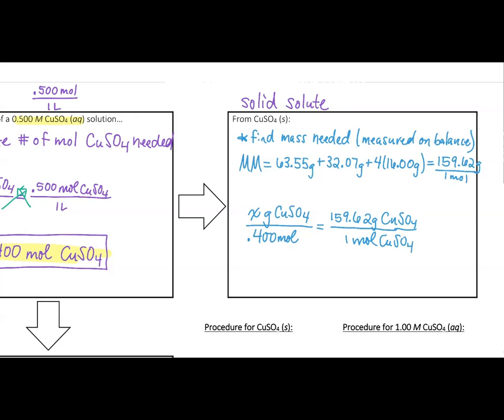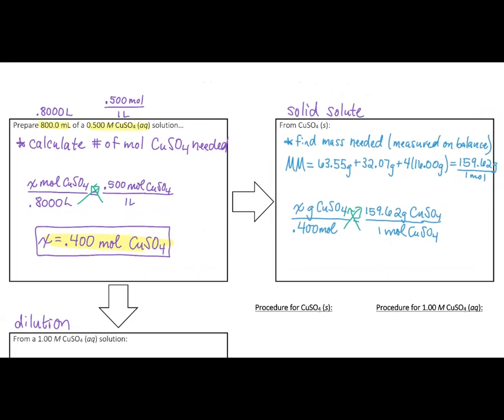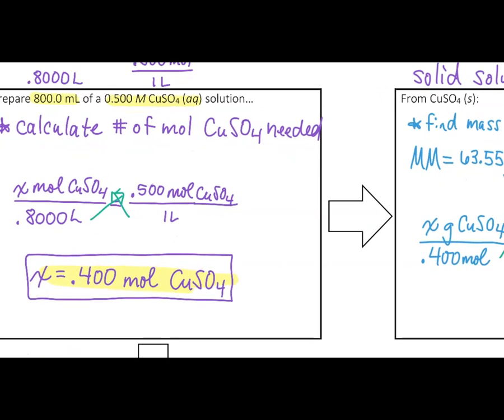Again, cross multiply, divide. This one turns out to be nice and easy. Here we want to round to the correct number of sig figs, which is going to be the least number that we have in our given measurements. So if we look over here, we've got 4 sig figs from the 800.0 milliliters. We've got 3 sig figs from the 0.500 molar. That's what we want to round to.